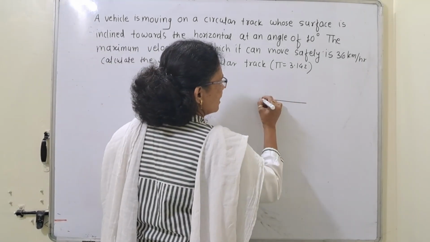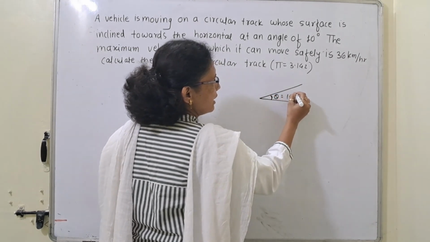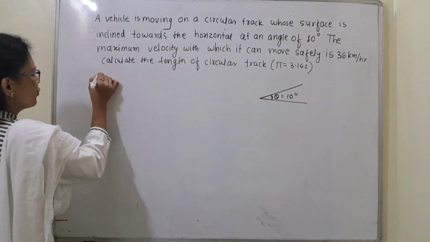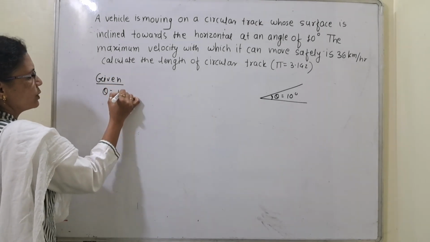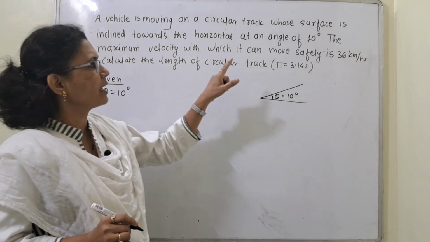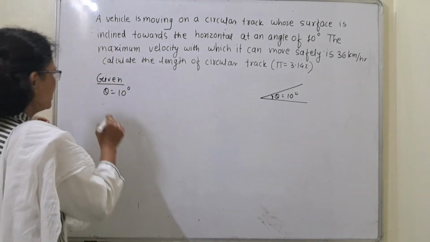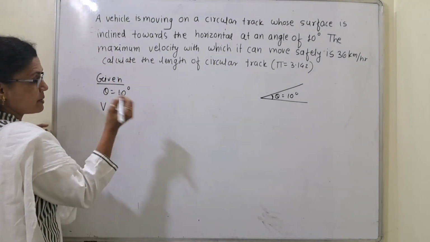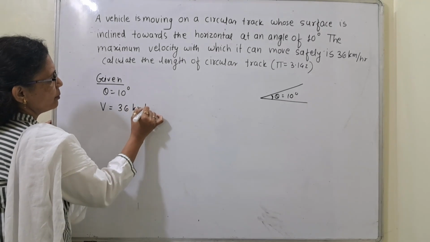This theta is given as 10 degrees, that is, theta is equal to 10 degrees. The maximum velocity with which it can move safely is 36 km per hour. That is the maximum speed limit.